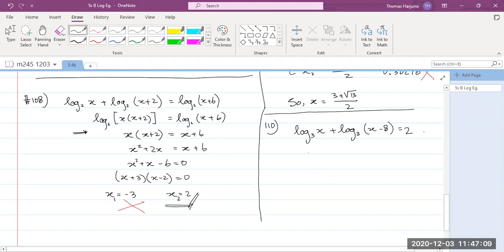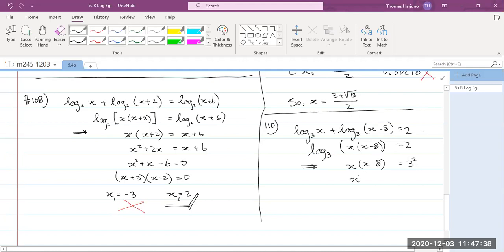Number 110, put them together, log base 3 of x times (x minus 8) equals 2. Then you change that into exponential form. So x times (x minus 8) equals 3 squared. Right? Log blah equals 2, then blah equals 3 to the 2.